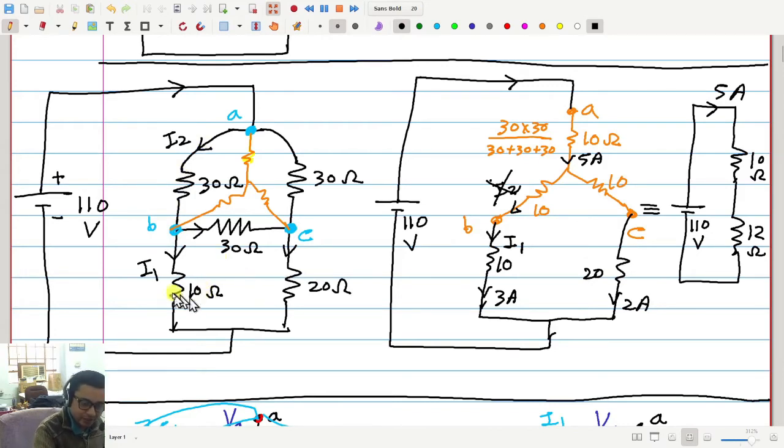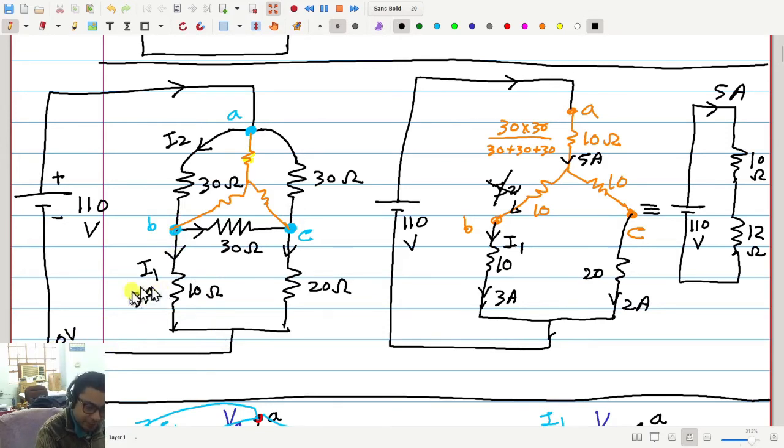How can you do it? So if this is I1, which is 3 ampere, then if I take this point as my 0 volt reference, let us do it.